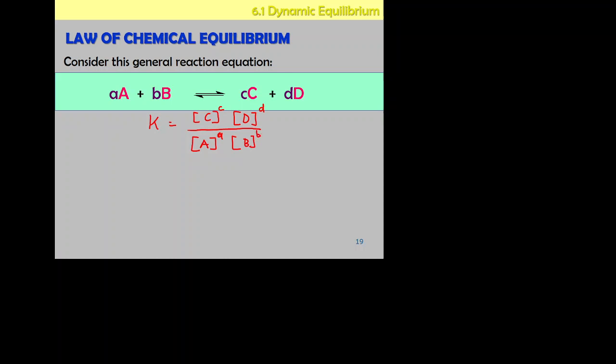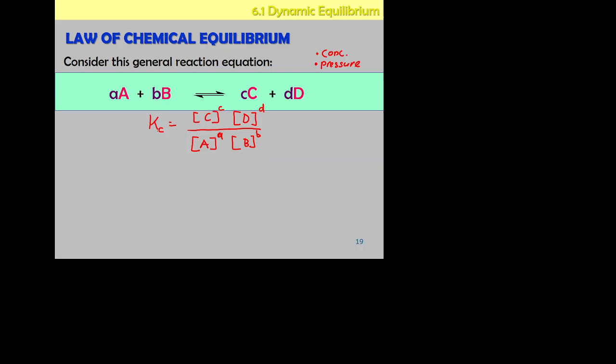One thing to take note of, because later we will look at two things: concentration and also pressure. Since we can look at concentration and also pressure, we need to denote what the equilibrium constant is calculated based on. Since we look at concentration, we write Kc.